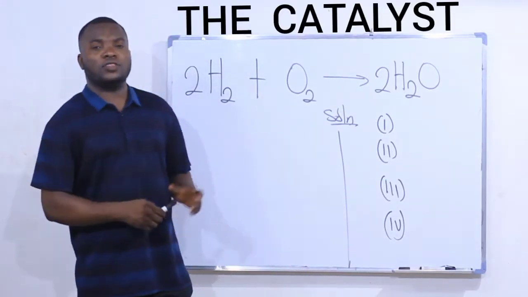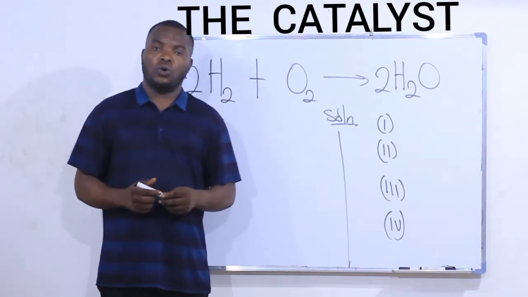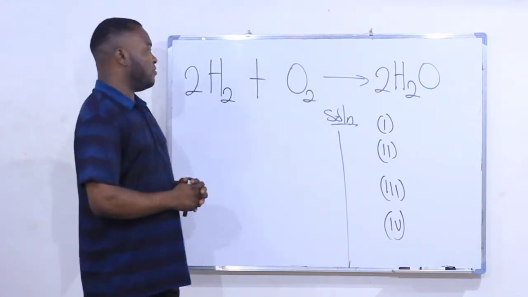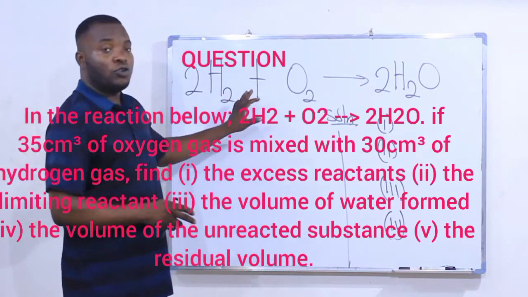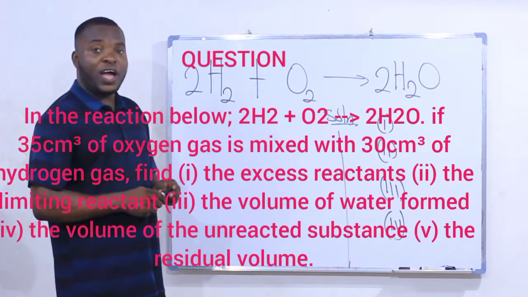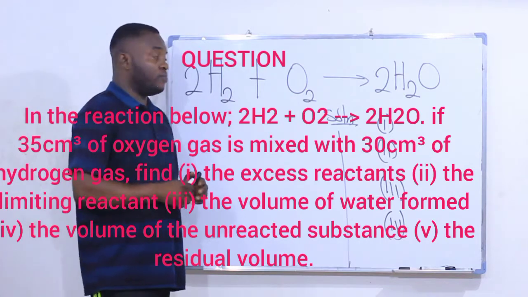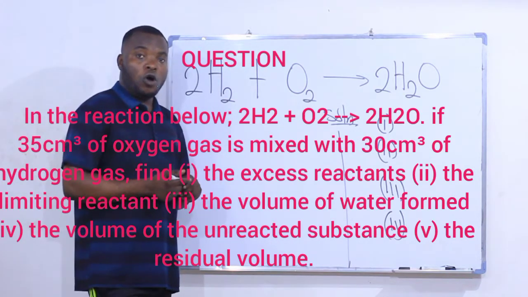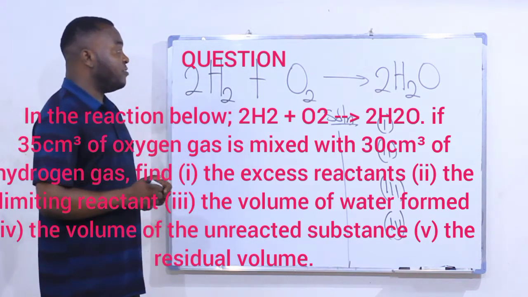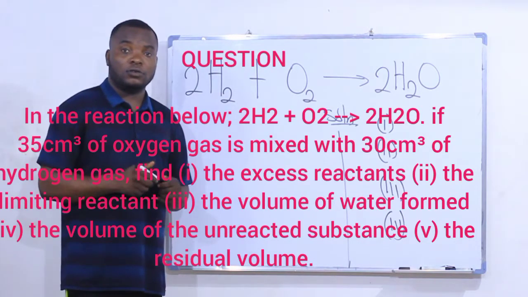Let's quickly take a look at this question coming from Gay-Lussac's law of combining volume. The question says, in the reaction below, if 35 cm³ of oxygen gas is mixed with 30 cm³ of hydrogen gas, find, number one, the excess reactant.